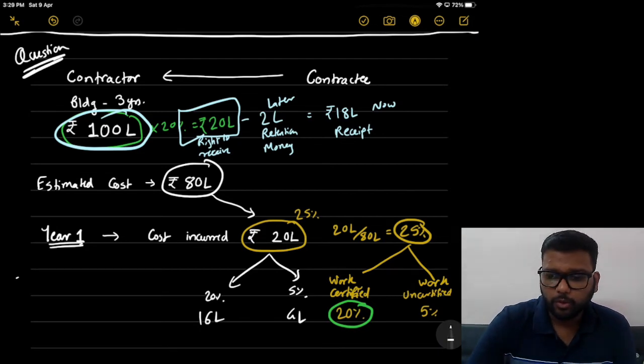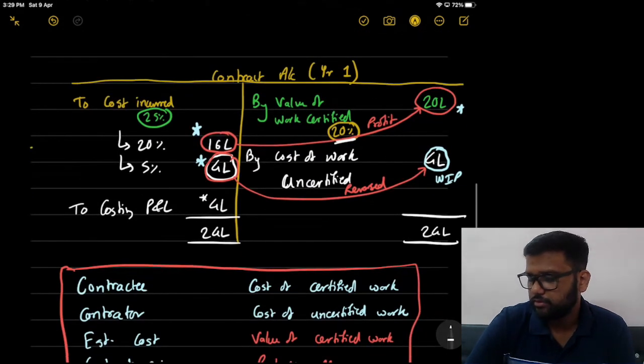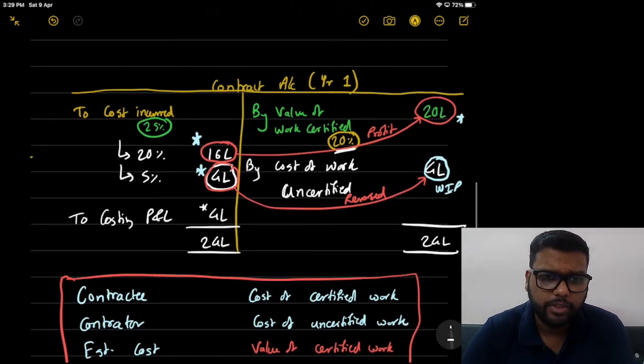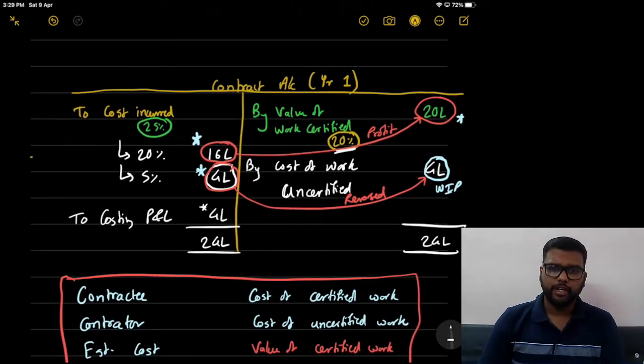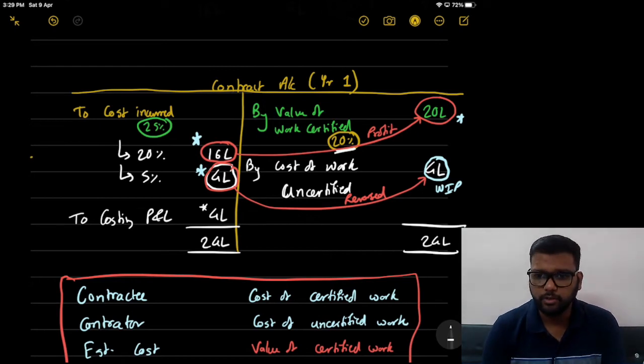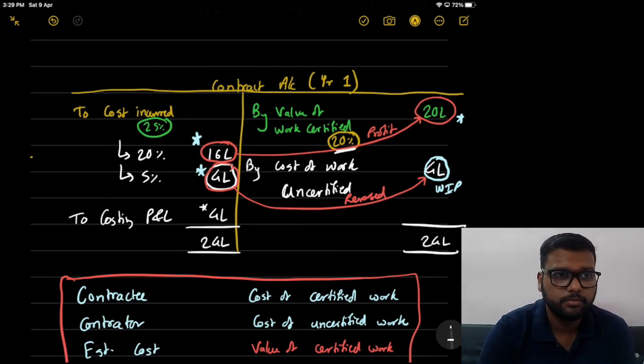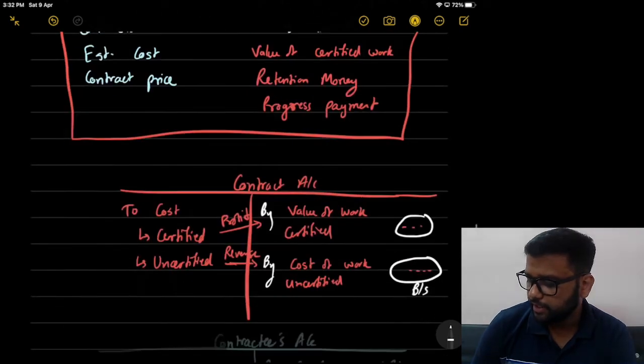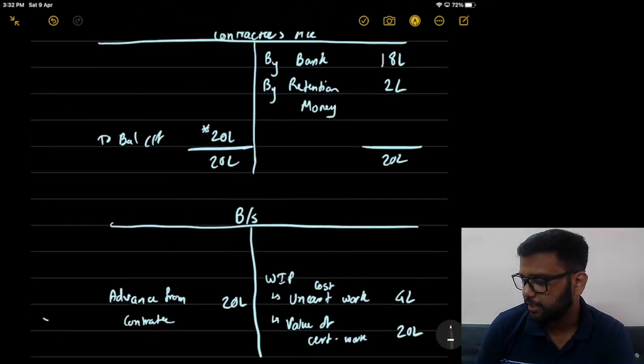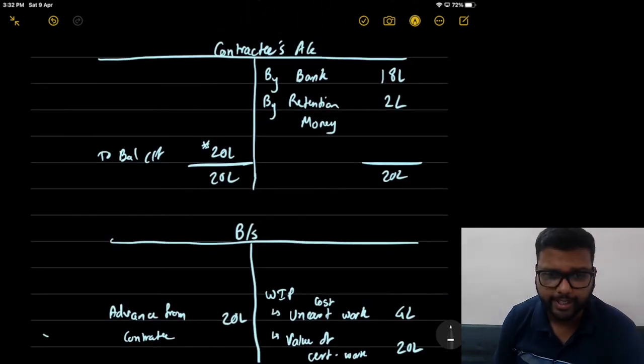Okay, if done, I am scrolling down to the contract account. Just again note it down. Again pause the video, note it down, then I'll scroll down. Okay, if done, then note down this contractee's account and balance sheet also, then we'll go to the second year.